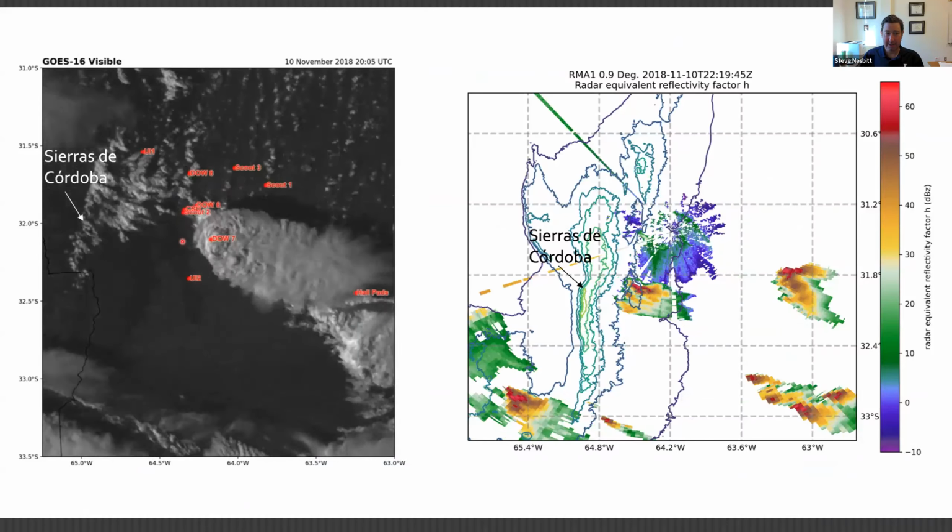And some of our dual-pol products, these are at X band, so there's significant attenuation going on, but here's our hook echo. You can see the reduced ZDR here, very much indicative of a hail core, and very strong LDR and reduced rho HV, which are all classic signatures of a large hail signature.